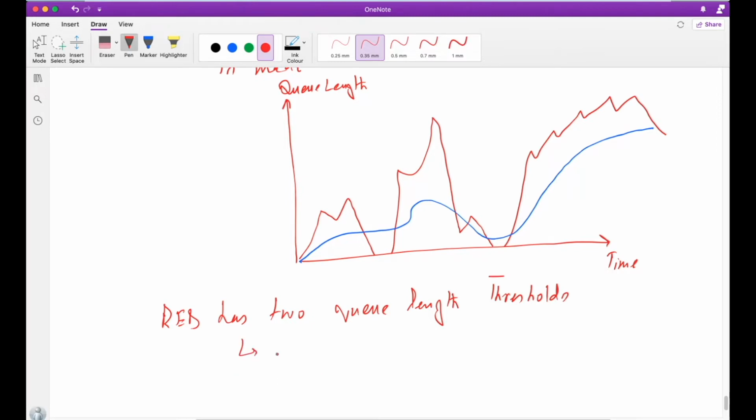One is called the minimum threshold, and the second is called the maximum threshold.